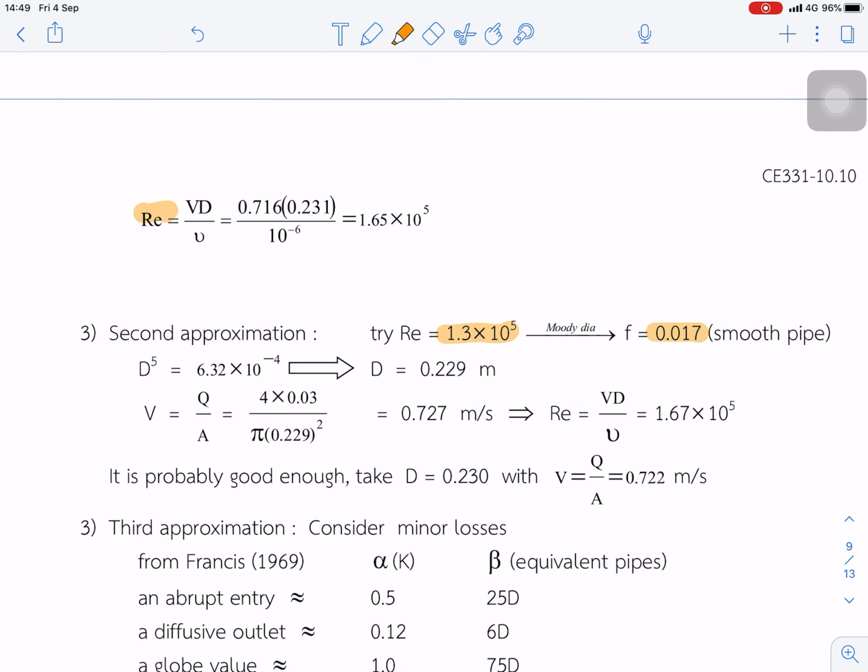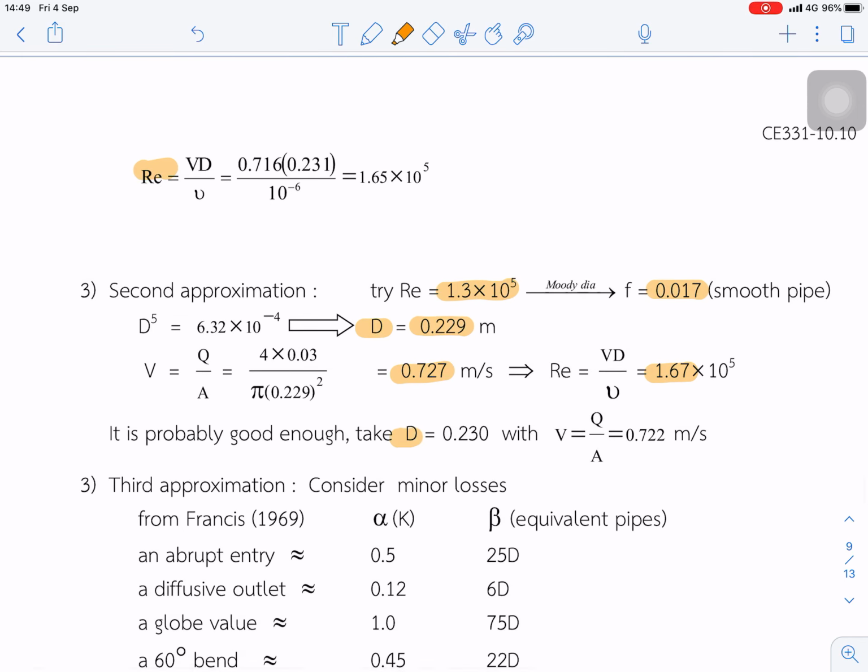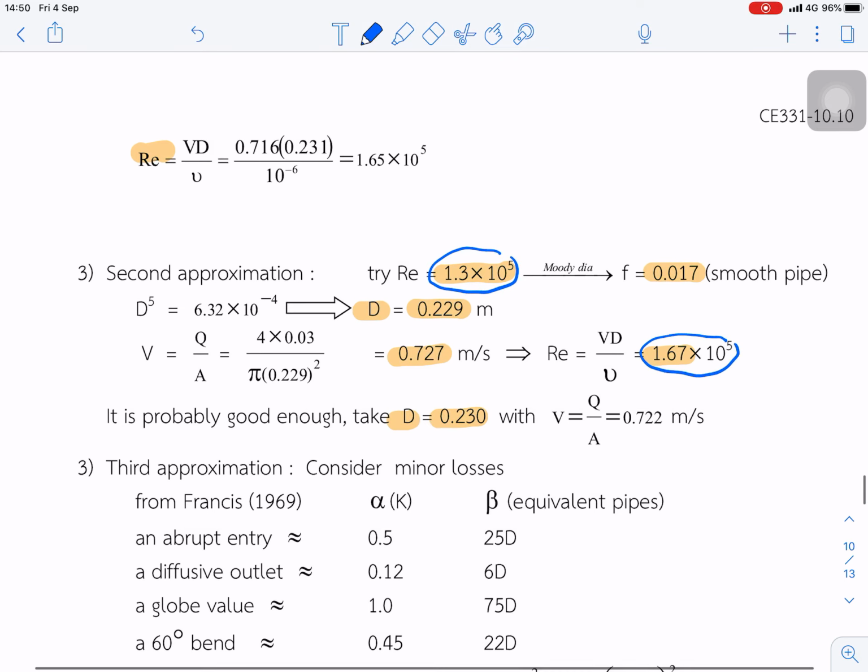When we do it again, we get the diameter about the same, 0.229. That is good enough to take the diameter as about 0.23. And this number is almost the same, so we can say that the diameter doesn't change so much with the difference of the Reynolds number.